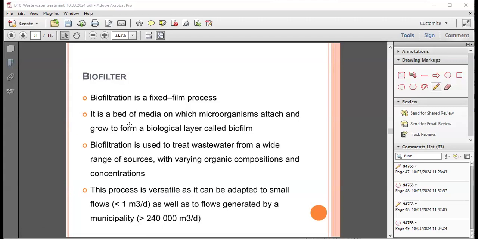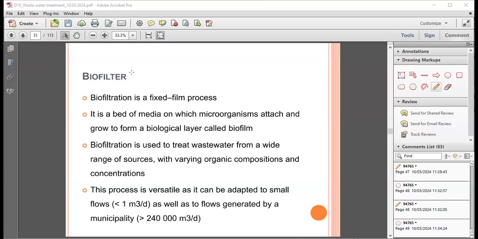The biofilter. Normally you have heard about the filter, about the drinking water purifier we fix in the house. We change the filter from time to time based on our use.